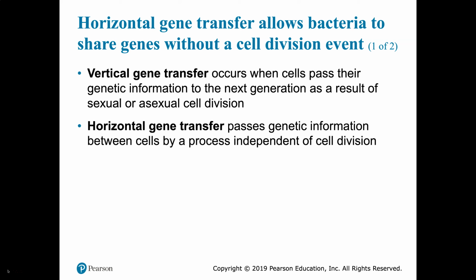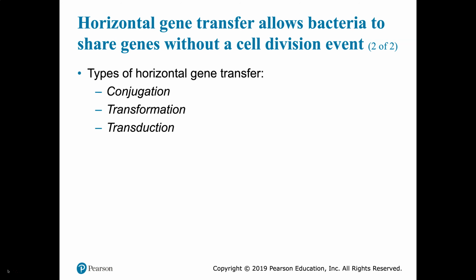But horizontal, it has nothing to do with binary fission, and it comes from other cells. Okay. So, three major types: conjugation, transformation, and transduction. These are the three major types of horizontal gene transfer.